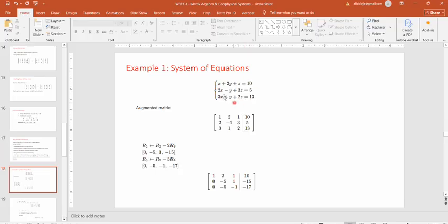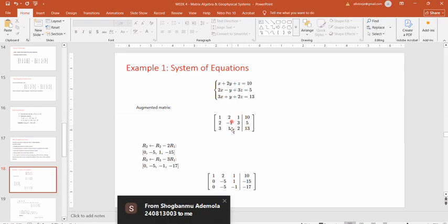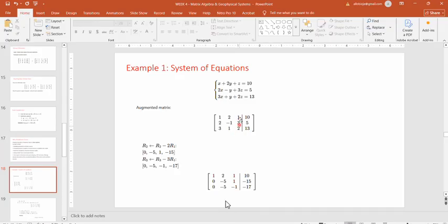Look at this expression. By now, you know how this becomes the augmented matrix. Let me see if I can write a step that was submitted.